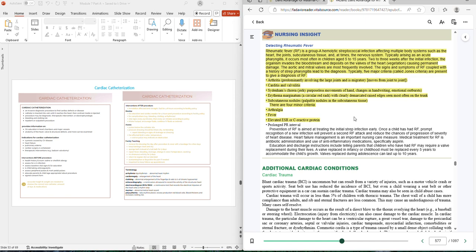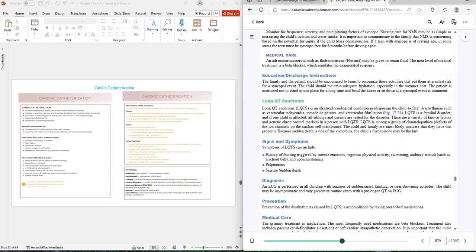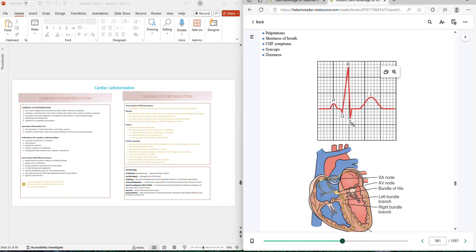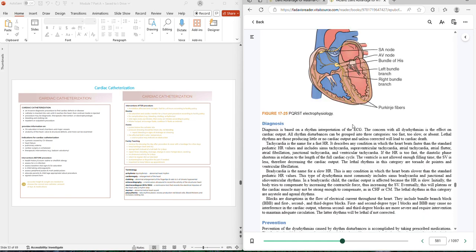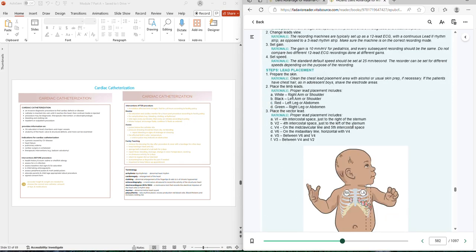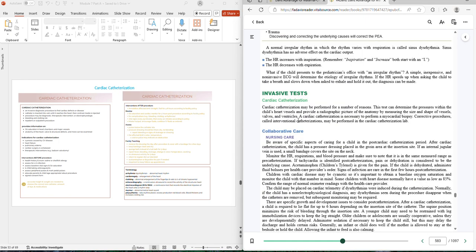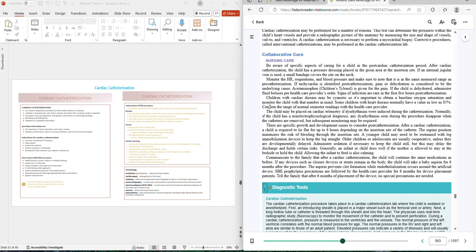Alright, so there's a lot of extra stuff in this chapter that you cover, cardiac stuff in Med-Surg that I'm not going over. I will mention one thing on page 583. Cardiac caths don't really happen a whole lot with children, right? But there's one thing I want you to remember.